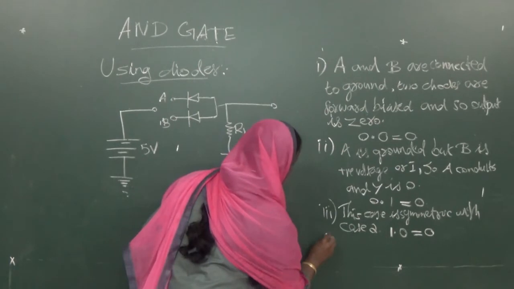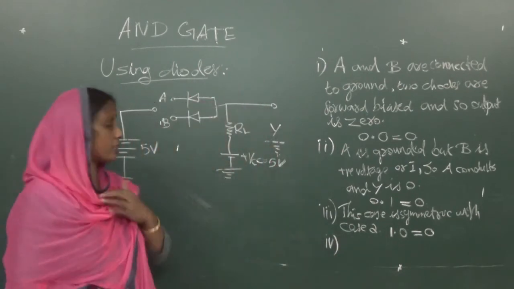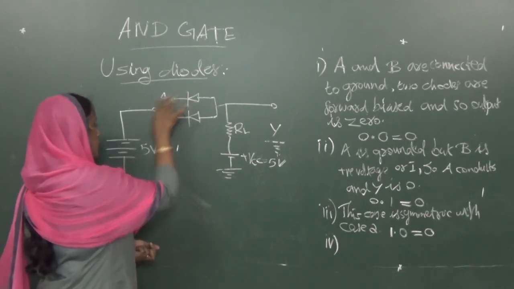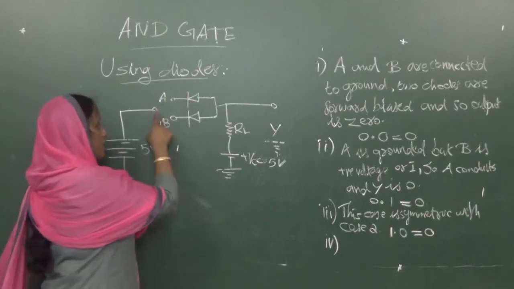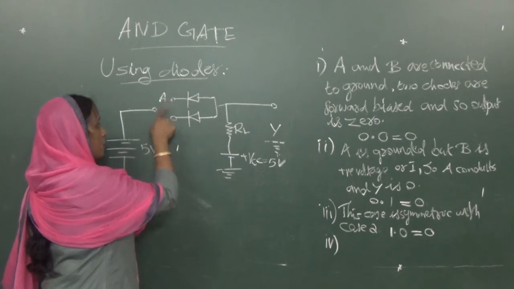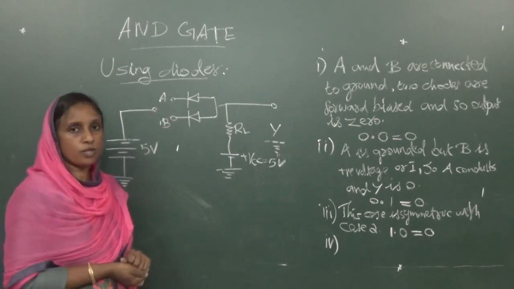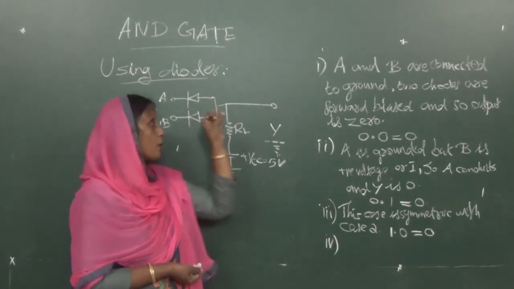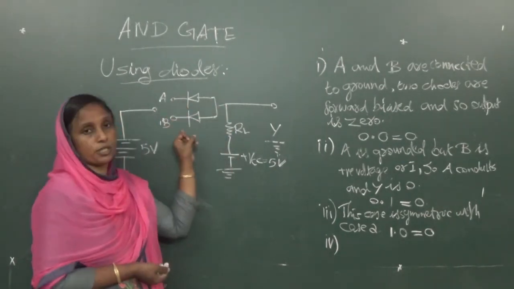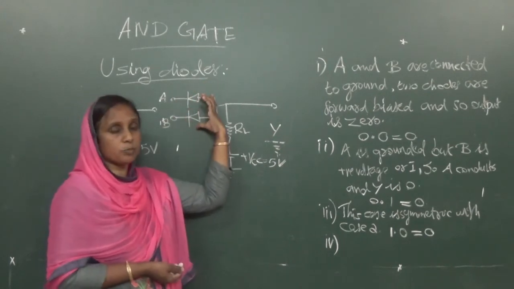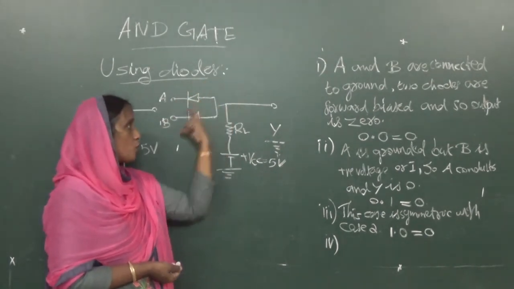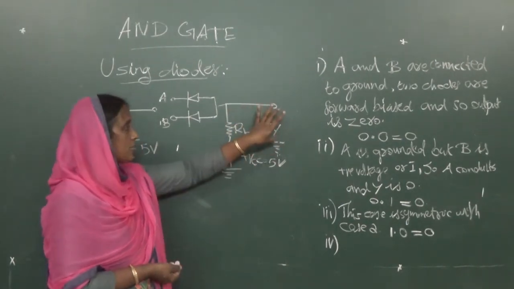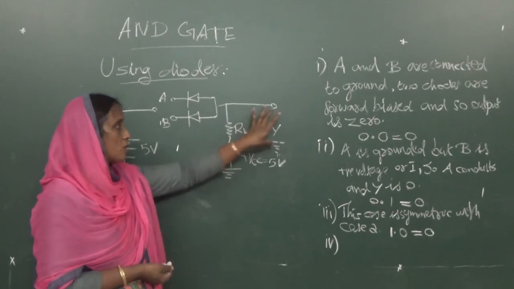Now our fourth case. What happened in the fourth case? In that case, both inputs are connected to high voltage. Connections are like this, from here to here and here to here. These two diodes are reverse biased because at this end they get positive voltage. So there is no conduction through this line. This voltage passes through like this, and you get a 5 volt drop here.